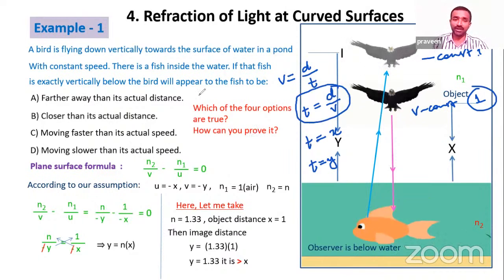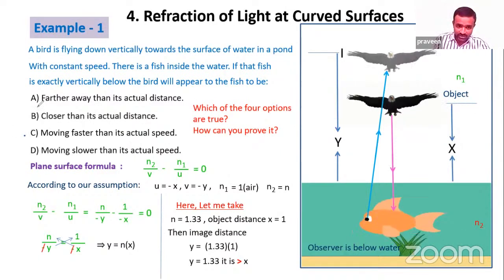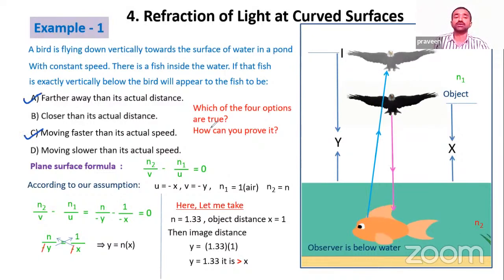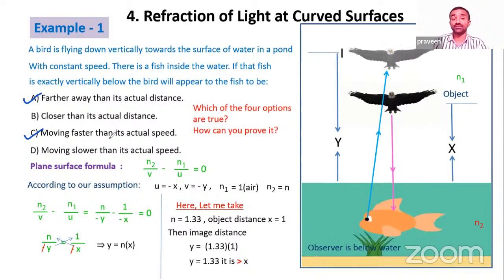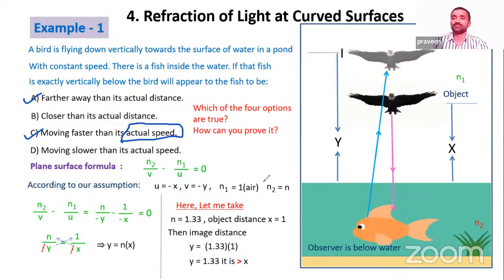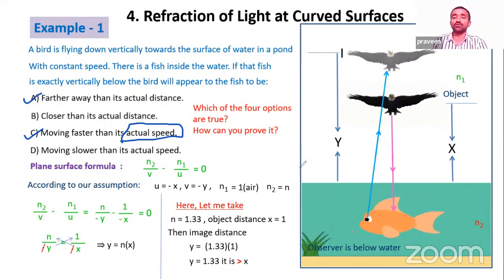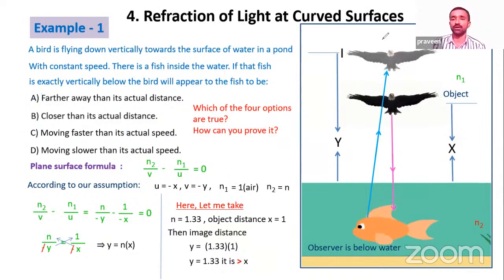So here the answer is A and C: faster than its actual speed. So you have to do this logically, mentally, right? Then only you are able to answer this question. So this is the solution for example 1.